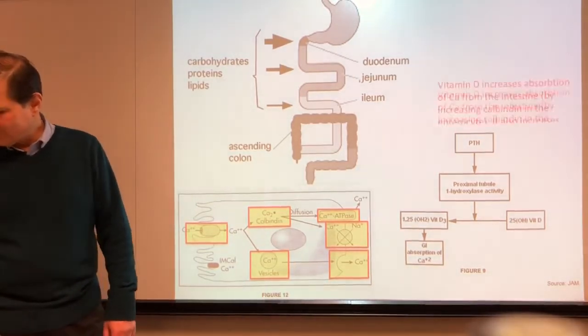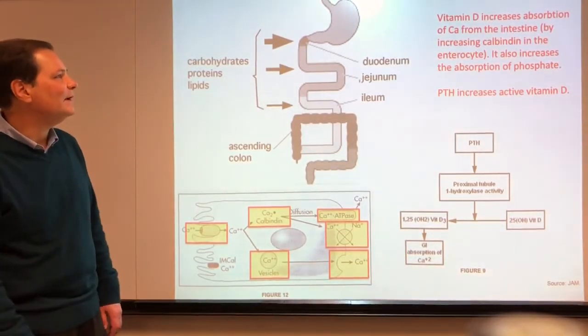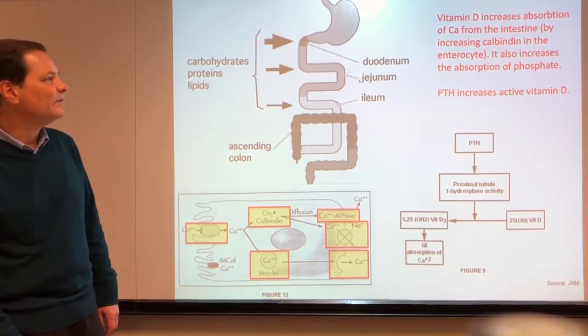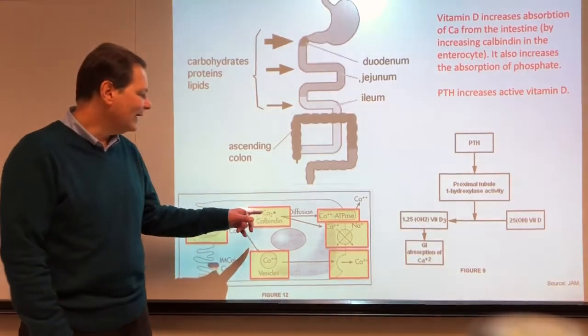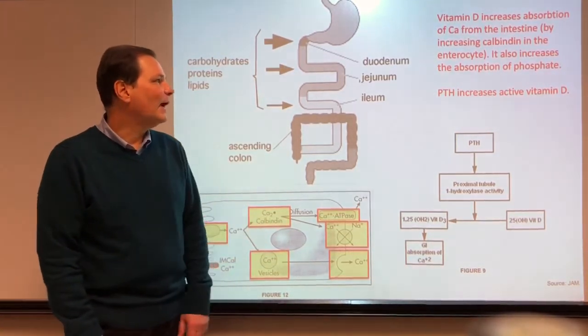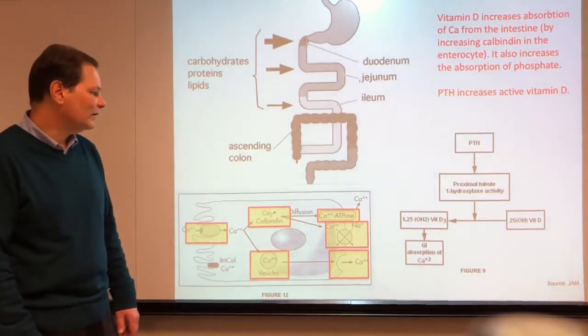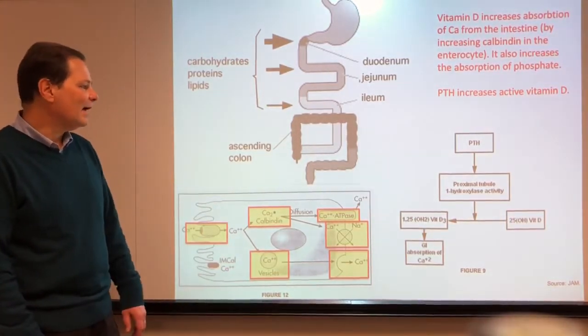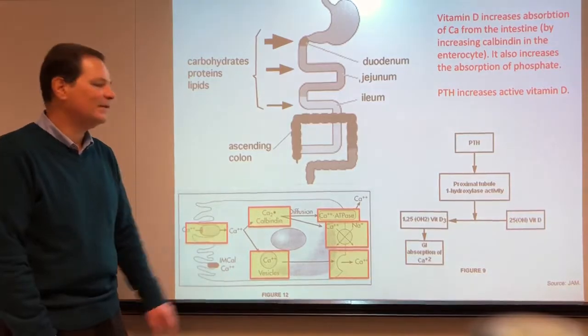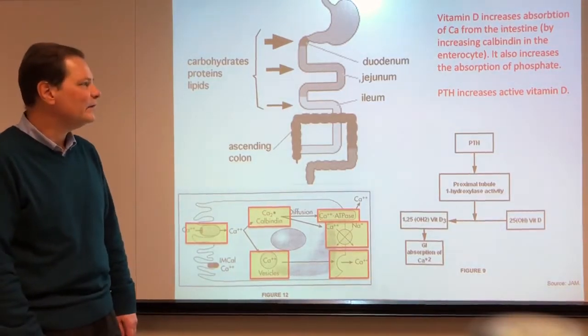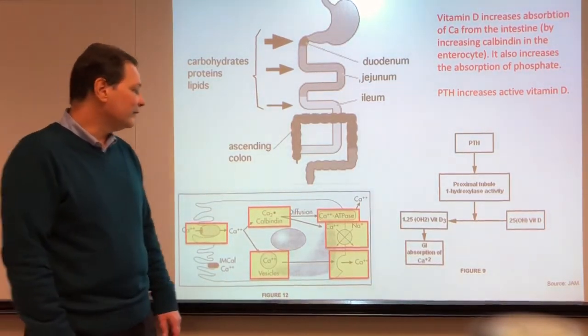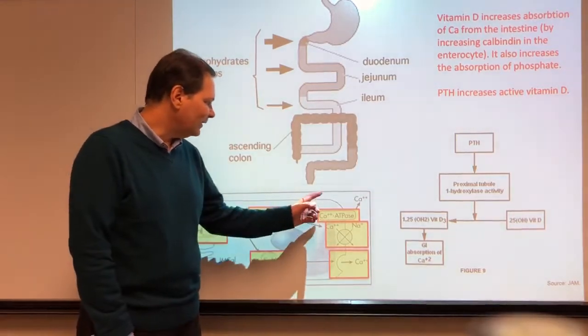So what does this have to do with vitamin D? Vitamin D increases the absorption of calcium from the intestine by increasing calbindin, okay, in the enterocyte. So it causes more calcium bound to calbindin, which means your total calcium in the enterocyte increases, and it also increases the absorption of phosphate.